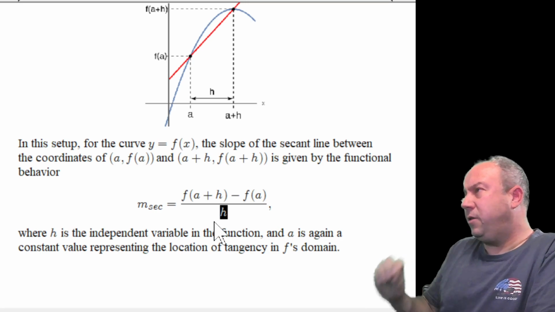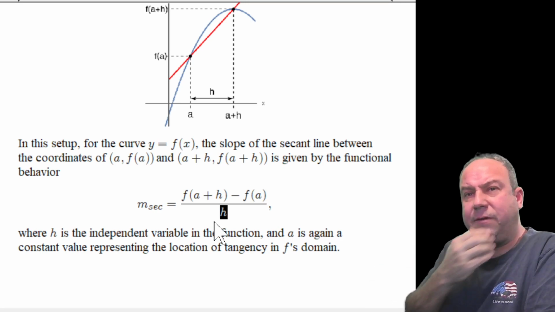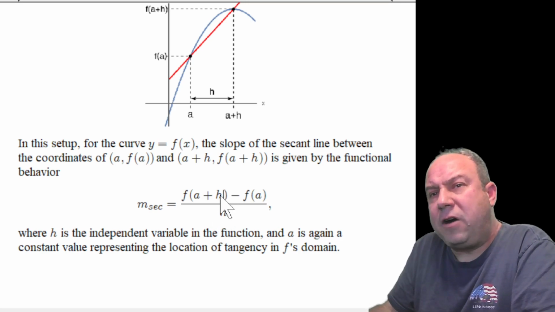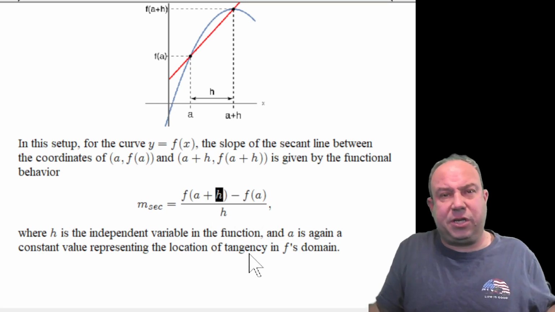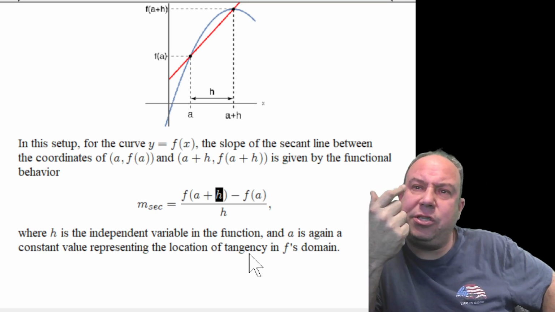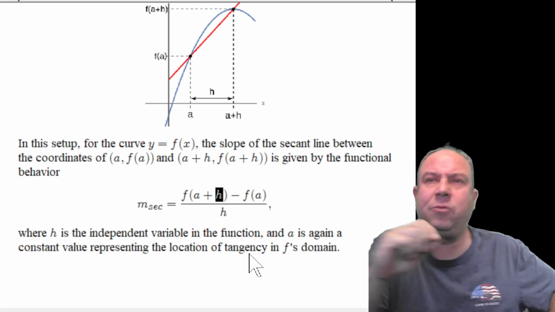And what I do with this functional behavior, being a function of the variable h, is what we're going to see. We're going to allow that h to vary by allowing it to get smaller and smaller and approach the value of 0.